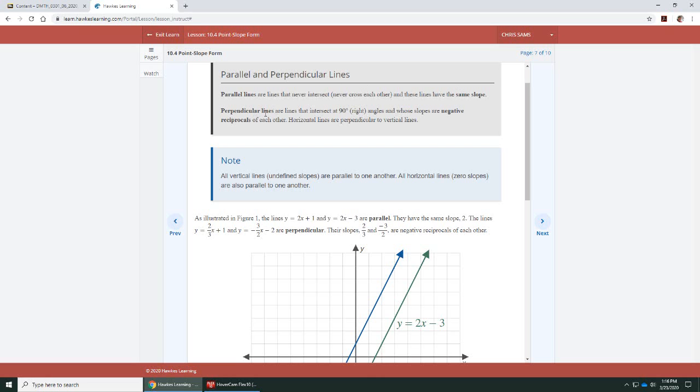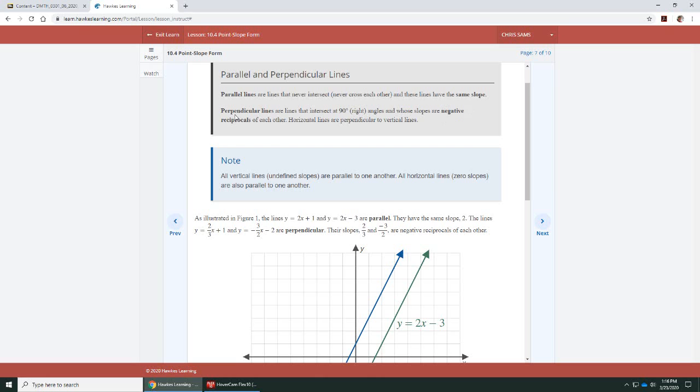And then perpendicular, it says they cross at a 90-degree angle. The thing that you need to know here is that their slopes are negative reciprocal, which is another way to say opposite reciprocal. So if you're given a positive, your slope is going to be negative.